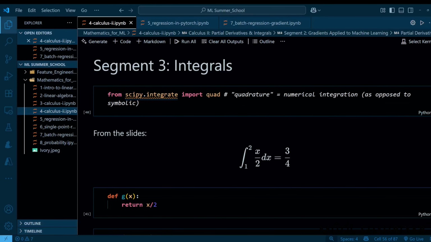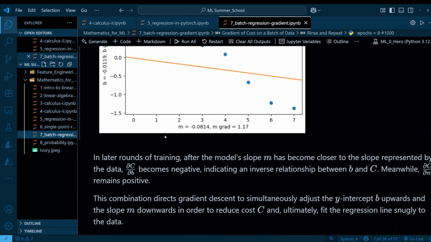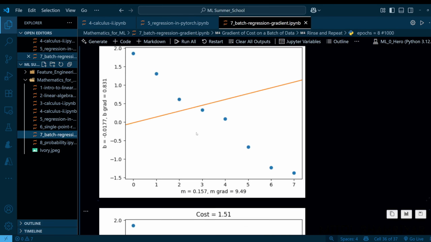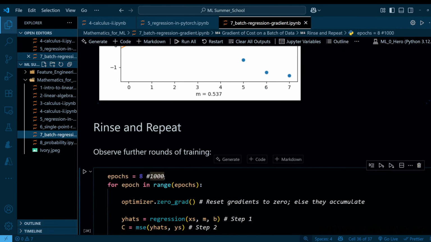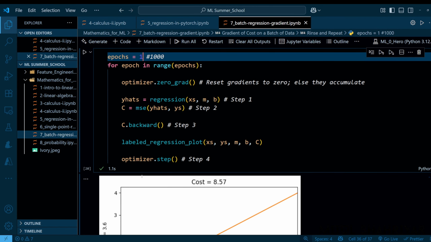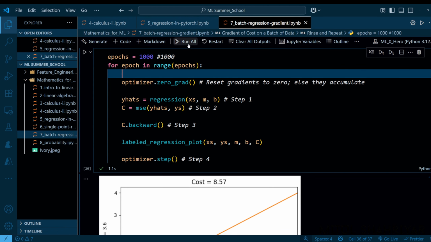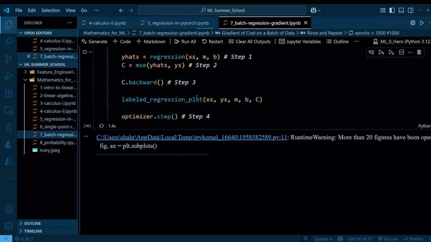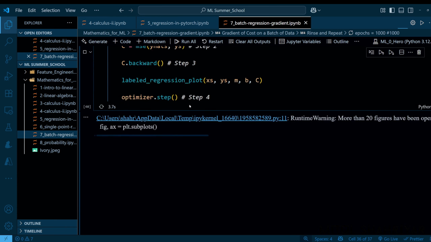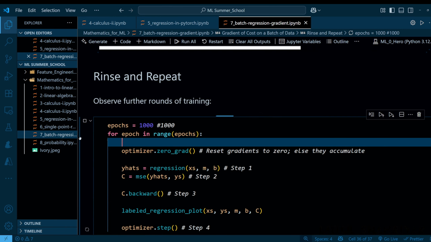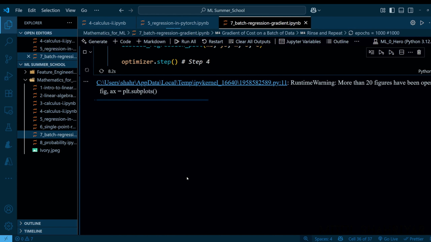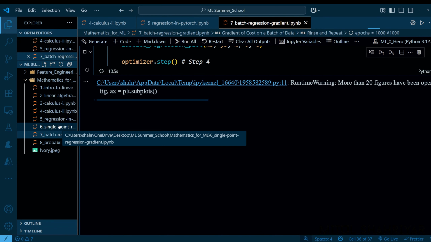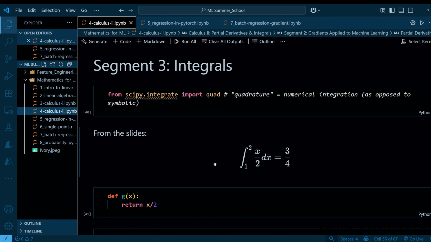Oh, I haven't changed that, that's the issue. Let me just run, and this should take some time. Let's give it some time. By that time, let's just focus on the integral.